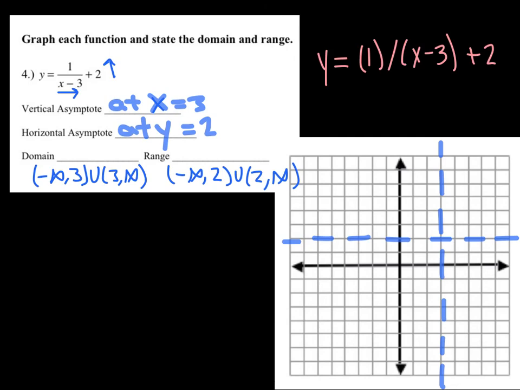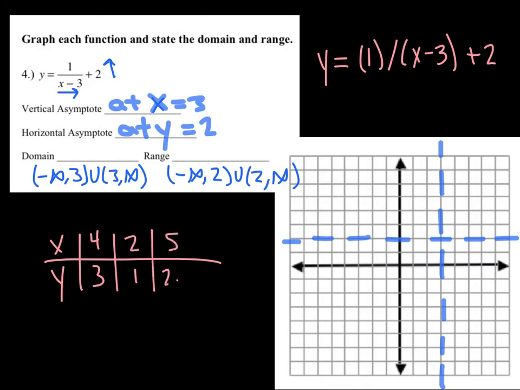Now when I pull up the graph, again, we don't need to go crazy here with the points, guys. Like 2 points per branch is fine with me. So I see that 4, 3 is a point, 2, 1, 5, 2.5, and 1, 1.5.